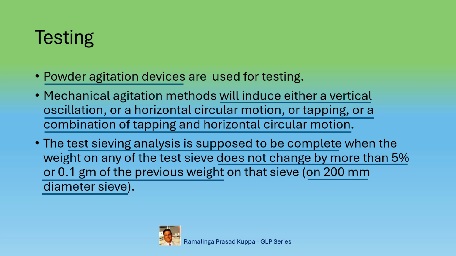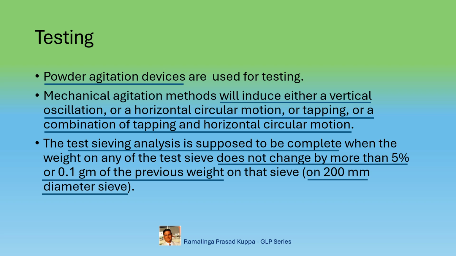That means when the previous weight is say 5 grams, the second weight after sieving for another 5 minutes should not change by more than 5%. That is 5% of 5 is 0.25. So the second weight should not be lesser than 4.75 grams.